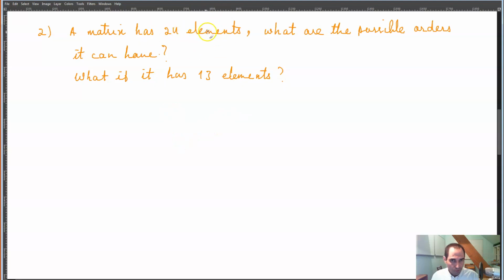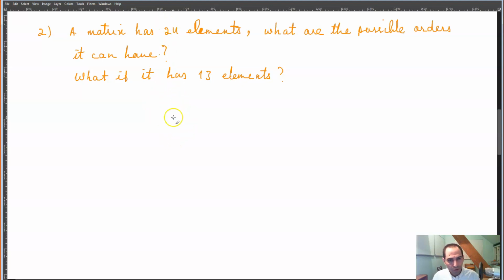If you have 24 elements, the order of the matrix can be any way that you can write 24 as a product of two natural numbers.